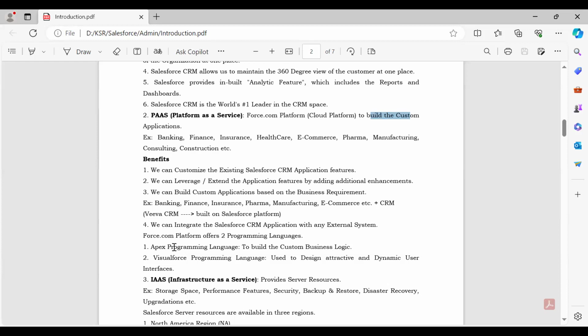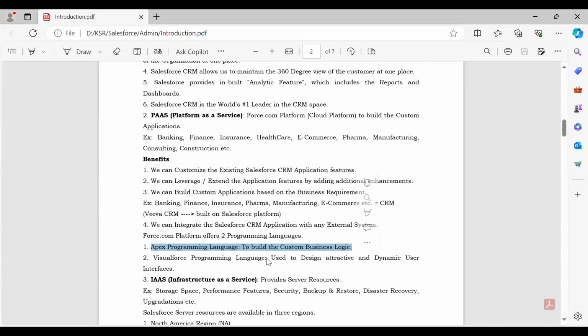It offers two programming languages. One is Apex, which is used to build custom business logic. Apex is a cloud-based object-oriented programming language using which we can write the custom business logic to build custom applications.